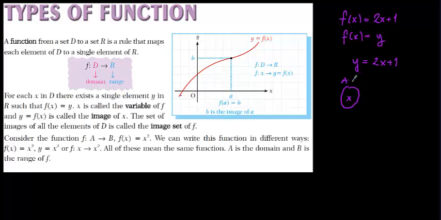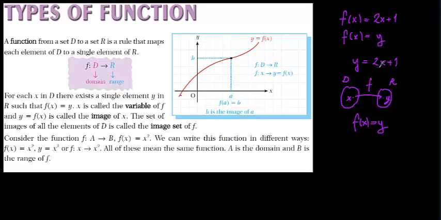This is the A set, and the elements are x, and the set B, or I can rename the sets D and R, because D and R have different meanings. D means domain, R means range, and x goes to y. The relation between them is called f. So f(x) is equal to y.